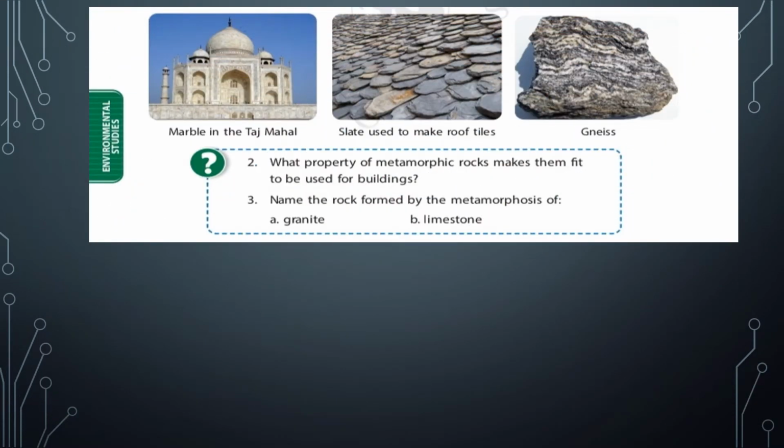Then in the next page there are 2 questions. What property of metamorphic rocks makes them fit to be used for buildings? We have studied about metamorphic rocks. What are metamorphic rocks? Metamorphic rocks are the rocks that were originally formed from sedimentary or igneous rocks.